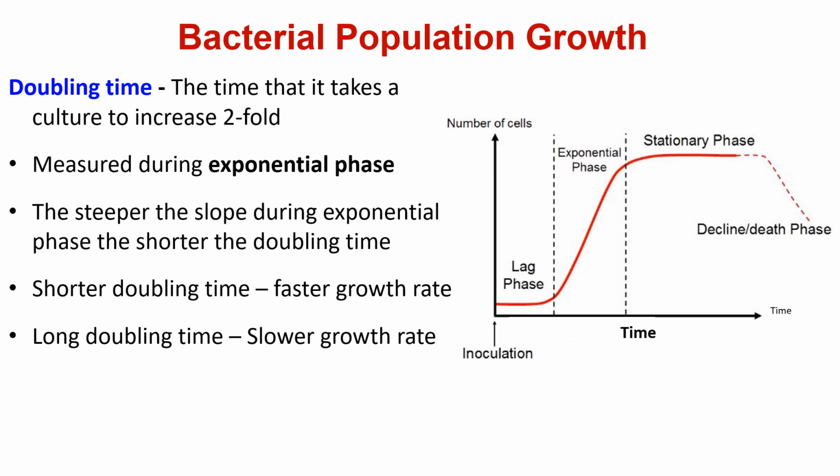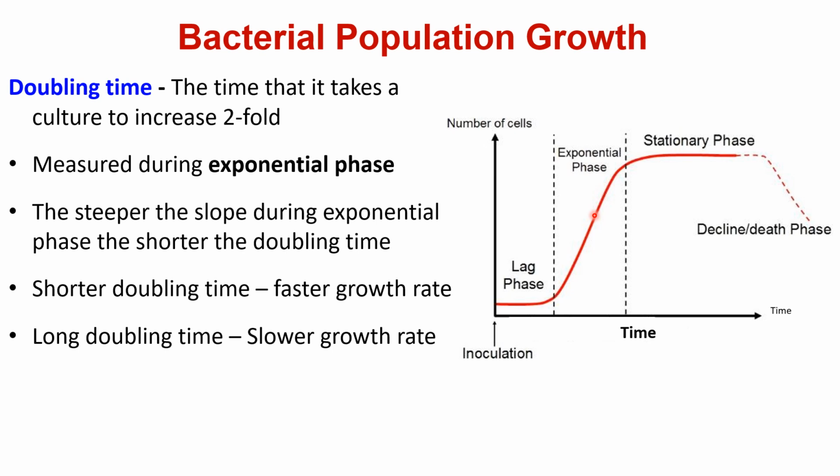Okay, so I mentioned this thing about doubling time. What do I actually mean by that? All I mean is how long it takes a culture for its number of cells to increase twofold, to double. Now, we measure this in exponential phase, and this is a characteristic of how the cells are growing. Different bacteria grow at different rates.